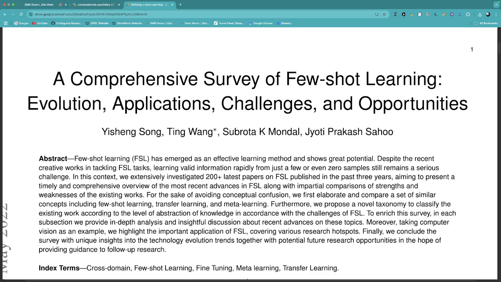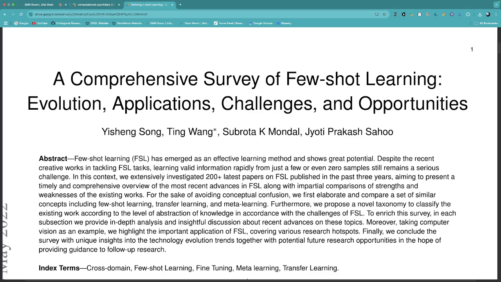For the sake of avoiding conceptual confusion, we first elaborate and compare a set of similar concepts, including few-shot learning, transfer learning, and meta-learning. So meta-learning and transfer learning are distinct from few-shot learning. Furthermore, we propose a novel taxonomy to classify the existing work according to the level of abstraction of knowledge in accordance with the challenges of FSL.